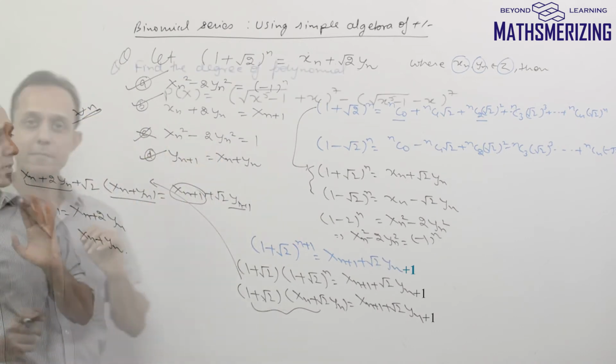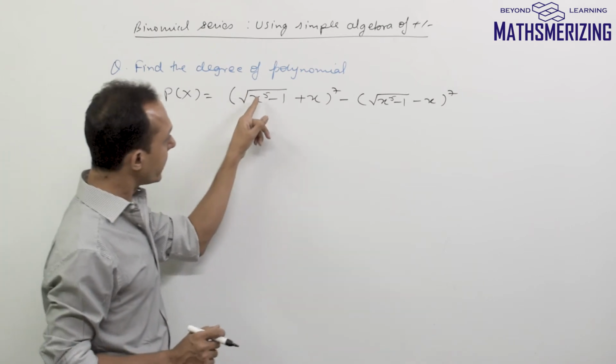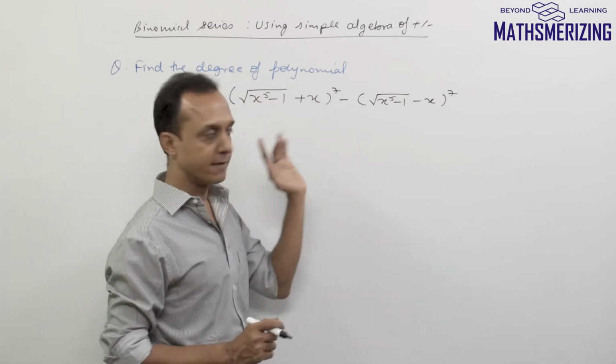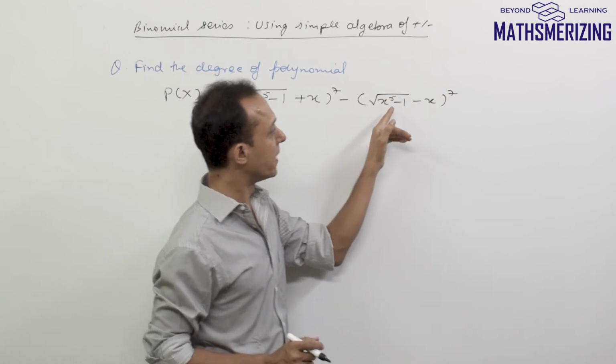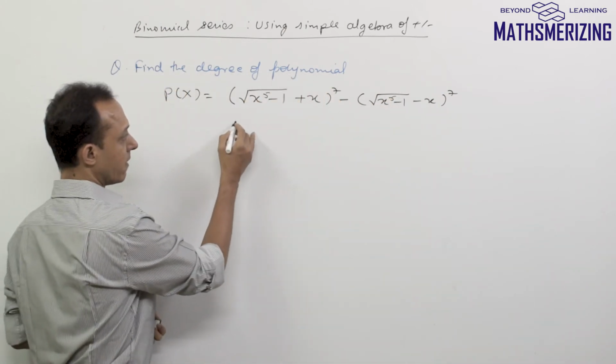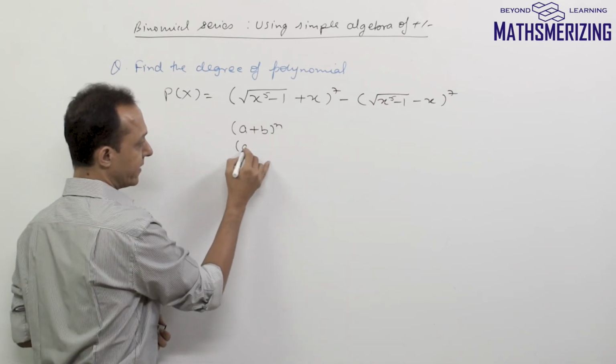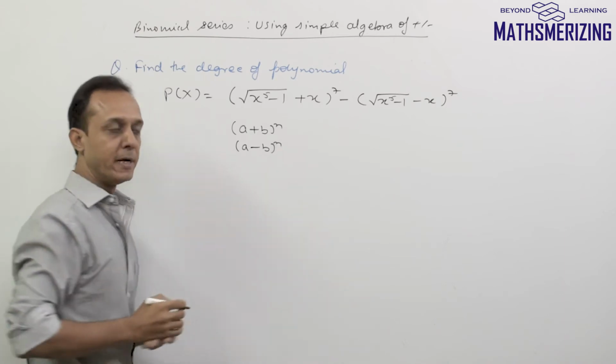The question is, find the degree of polynomial p(x), which is (√(x⁵ - 1) + x)^7 minus (√(x⁵ - 1) - x)^7. Now what I see here is, one of the expressions is (a + b)^n, and the other expression is (a - b)^n.